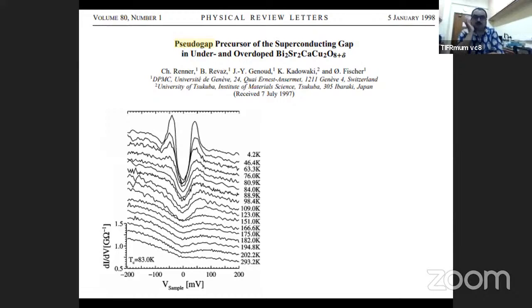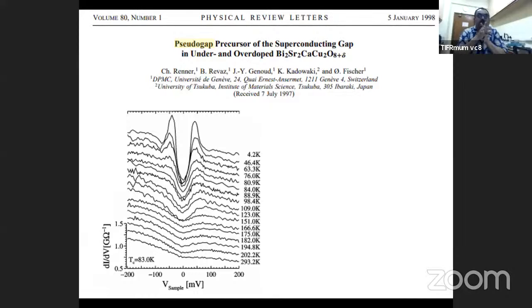In fact, in those times, there were theoretical papers which suggested that superconductivity cannot exceed this limit of 23 Kelvin, using various kinds of arguments that we now know are not correct.